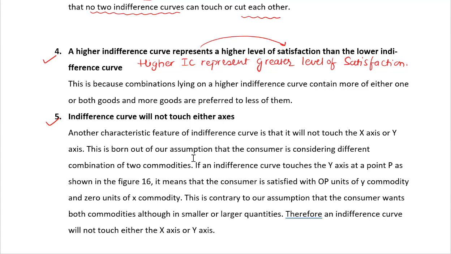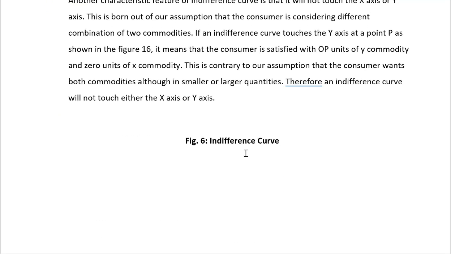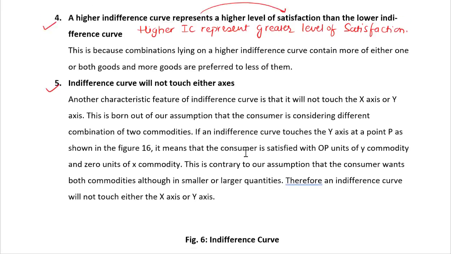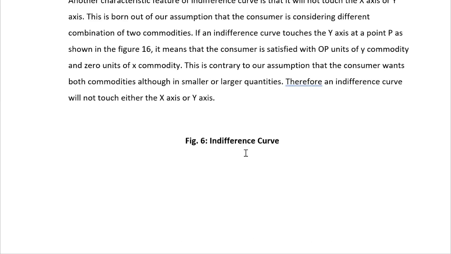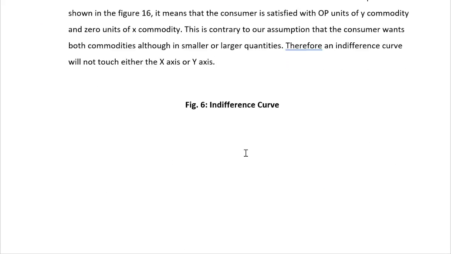And at last, indifference curve will not touch either of the axes. First I'll make the diagram for you with the graph, and then we'll explain using the text. X-axis, origin, Y-axis.